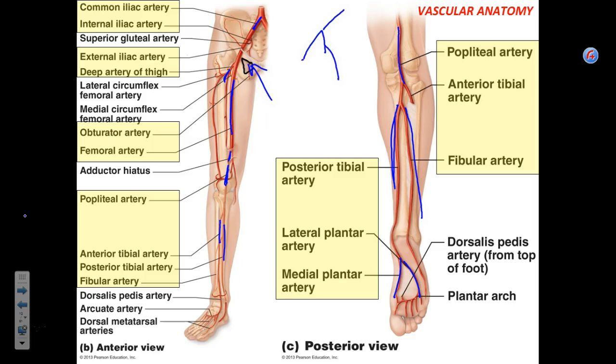External iliac branches into the deep artery of the thigh and femoral artery, which eventually will branch into the popliteal, which will give rise to the anterior tibial, posterior tibial, and fibular arteries. Okay? And then the posterior tibial artery, which is going to be here, will branch into the lateral and medial plantar.